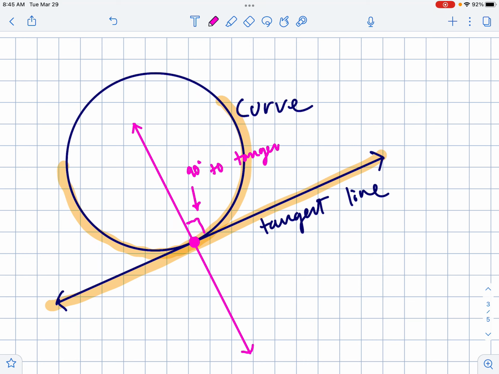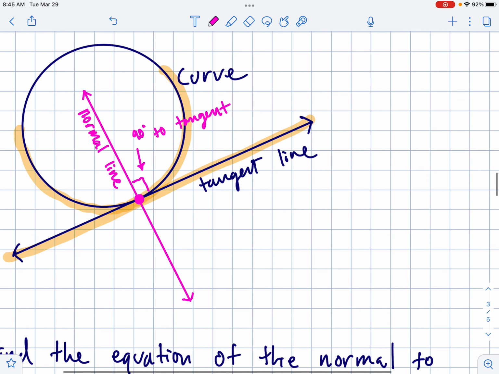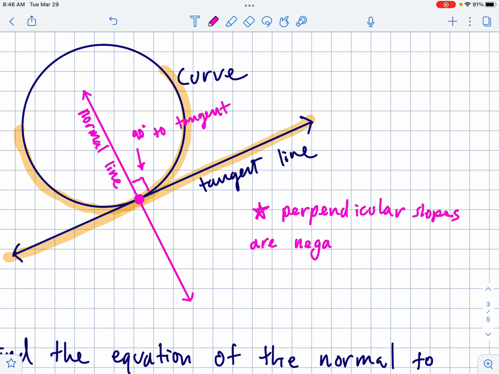So it touches at 90 degrees to the tangent. So this is the normal line, sorry. Remember that the normal and the tangent are perpendicular to each other.